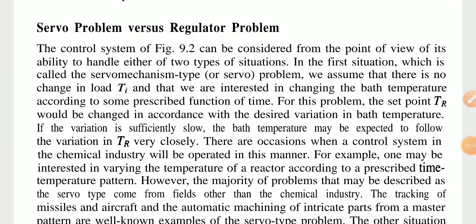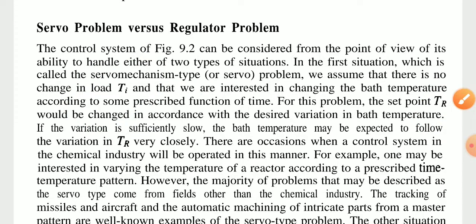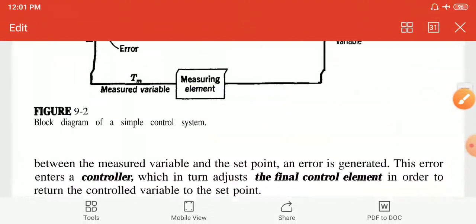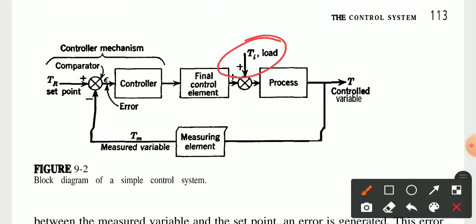Okay, and for this problem the set point is TR. First of all, the load is TI and the set point is TR, as we see in the figure. Look at the figure, this one TI and TR set point.